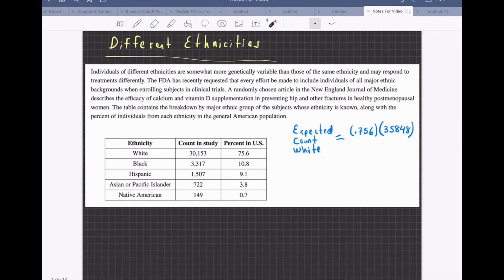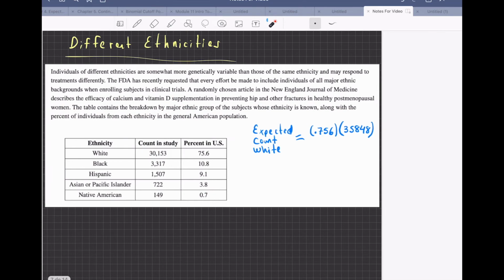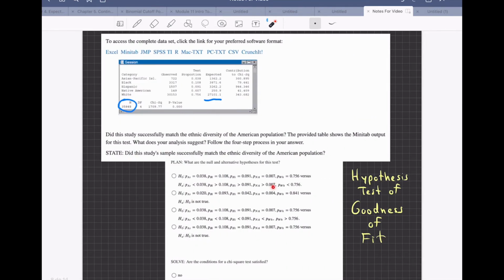Native American, 0.007, and white, 0.756. So yeah, this has the true values for each category, but it doesn't have all of them different, or that is not true. So I think the option that is correct is the one with these numbers in the null hypothesis, but the one that says not true.